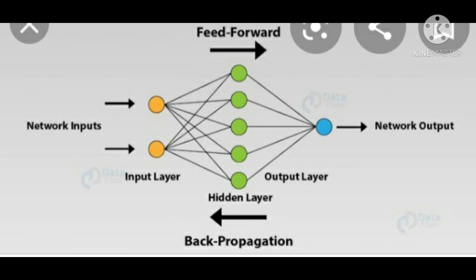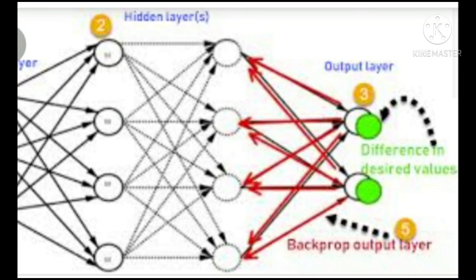One of the ways of this learning involves back propagation, which means the output of the neural network is compared with the intended output. Whatever output we have to get is the intended output. So the output of the neural network is compared with the intended output. And what will happen next?